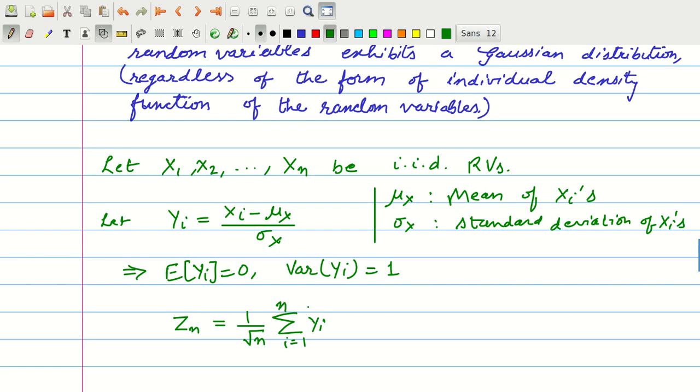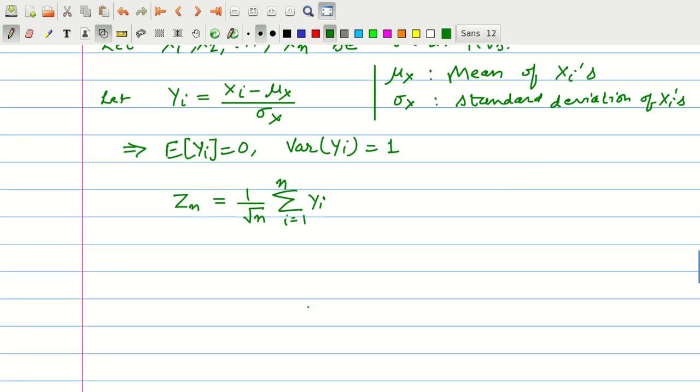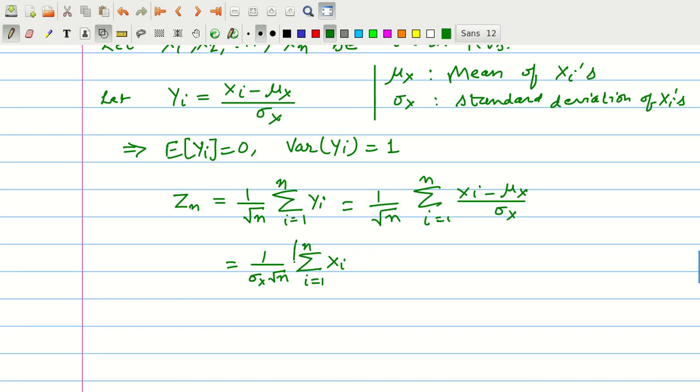We are adding all the Yi's and dividing by root n, which is equivalent to writing 1 over root n summation over all i from 1 to n of (Xi minus mu_x) upon sigma_x, which becomes 1 over sigma_x root n summation i equal to 1 to n of Xi minus n times mu_x.